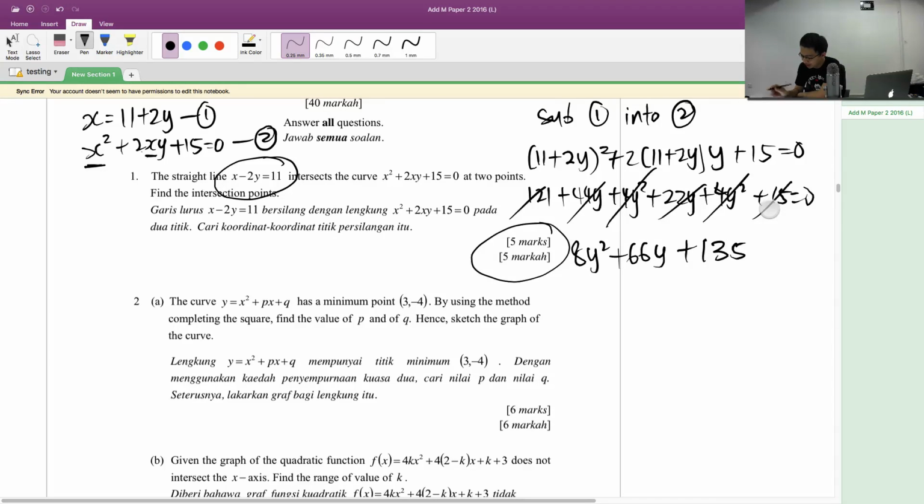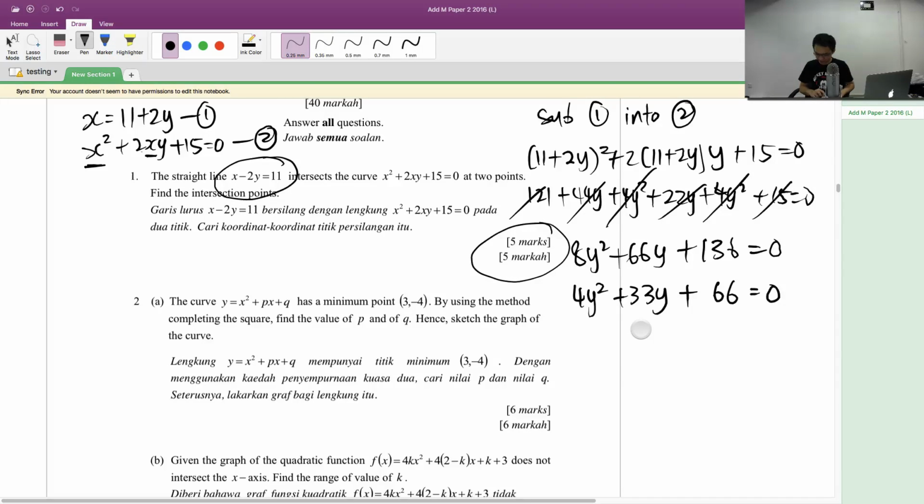Equal 136. I made the carry mistake again. It should be 136 equals 0. And I hope everything here can divide by 2: 4y squared plus 33y plus 68 equals 0. Then we will factorize this one.